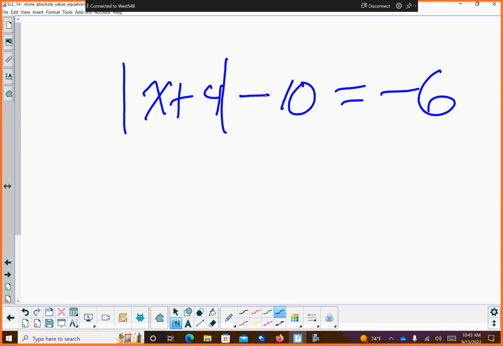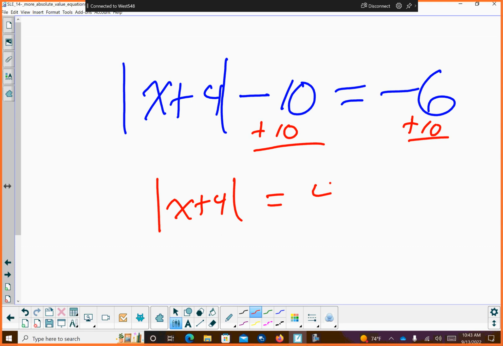Yes or no? Yes. You're saying it's no solution because it's equal to -6, right? But if I get the absolute value by itself, now it's this. This now has two solutions.